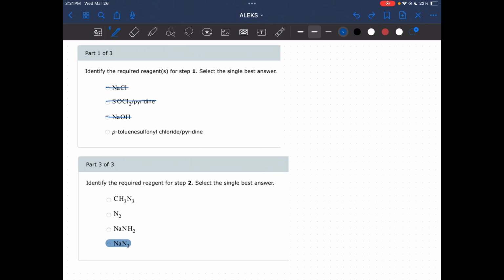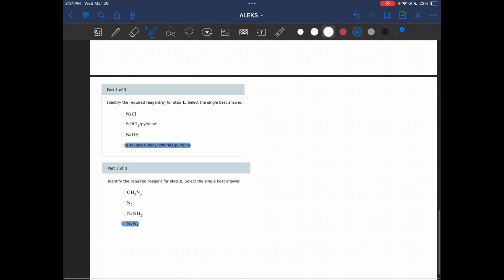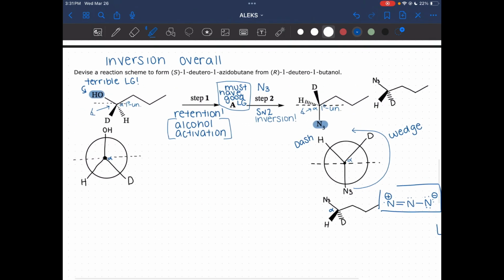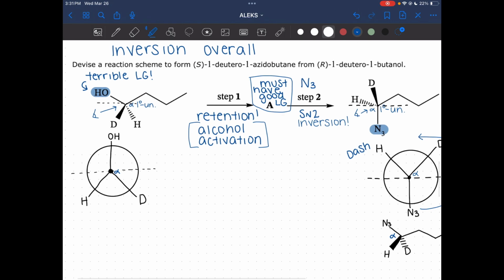So that leaves me with TsCl and pyridine. Yeah, so this toluene sulfonyl chloride is just TsCl. So I know that this last option would be my answer. So I'd be good with part 1 and 3. The last thing we just need to do now is, I'm going to write that as well.